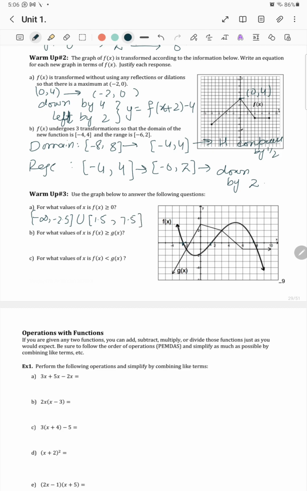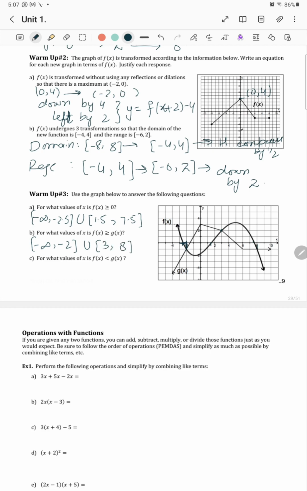For what values of x is f of x greater than or equal to g of x? The y values on f of x are higher than the y values on g of x. So y values on f of x are higher from minus infinity to minus 2, and from 3 to 8.